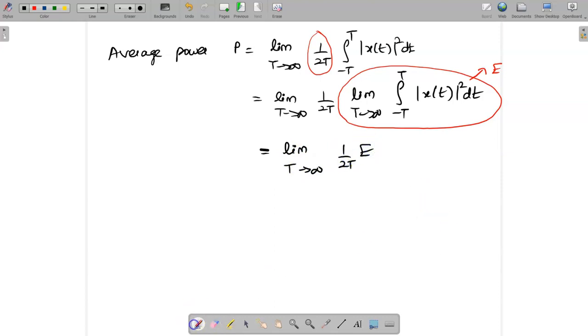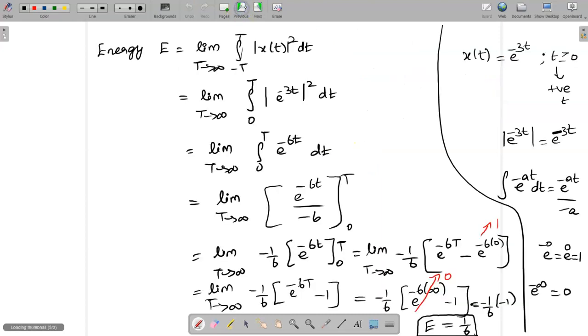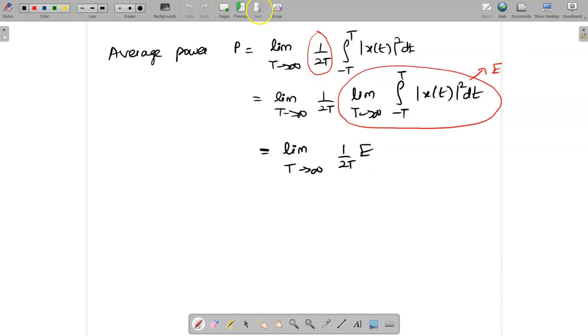We have already determined E value, which is 1 by 6. So substitute that 1 by 6 here. Limit T tends to infinity 1 by 2T into 1 by 6. Wherever you have T, substitute it as infinity.